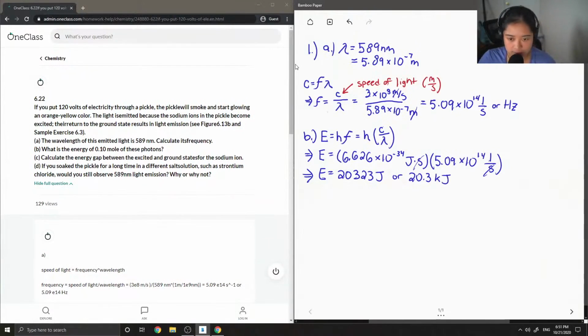And then this is per photon. The question asks, what is the energy of 0.1 mole of these photons? So all we have to do is multiply this value first by Avogadro's number and then by the number of moles. So let me just write this down.